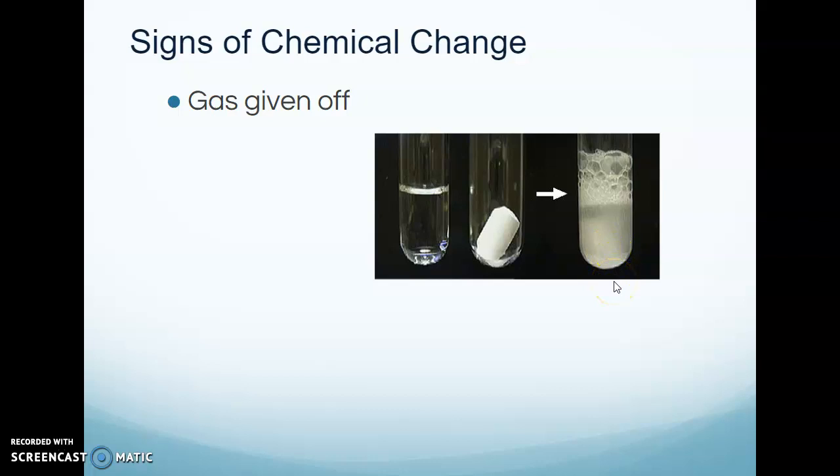The bubbles are telling you that a gas is forming, but the key thing is that it's forming without any heat. So when we see this in lab, it would be a good indication that a chemical change is occurring. Again, a lot of times you're going to see bubbles being produced.